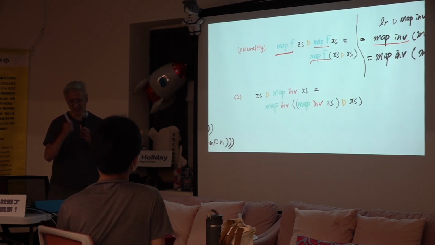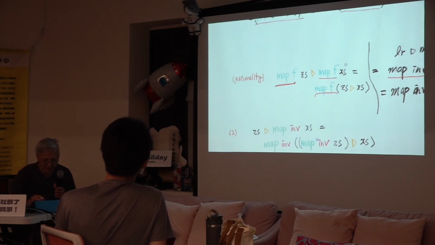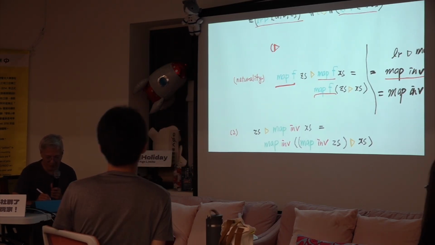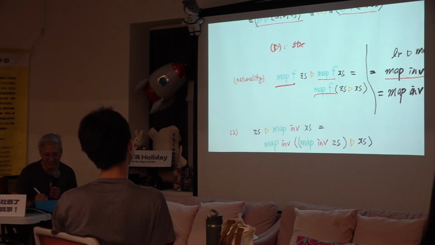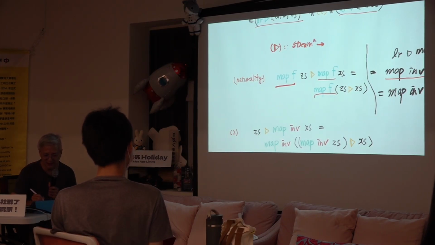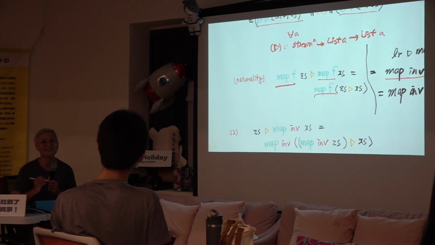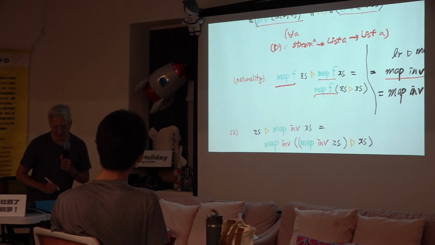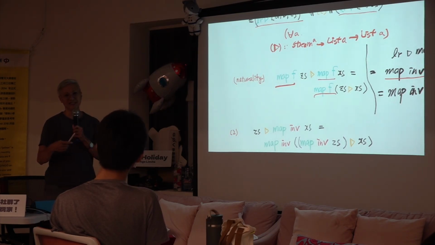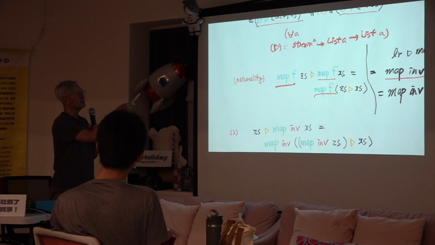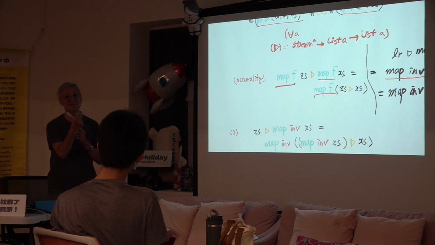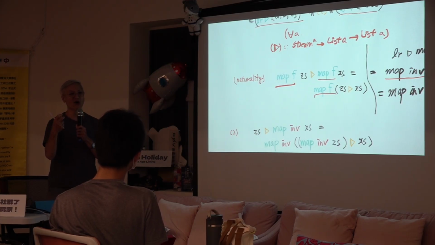Basically this comes from the fact that this interleave operator has type string of A to list of A to list of A, for all A. And this for all A is important in this case because interleave has to work for any A, whatever it is, which means that interleave cannot inspect each individual element. So all it can do is moving things around.